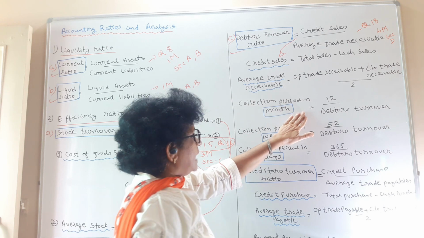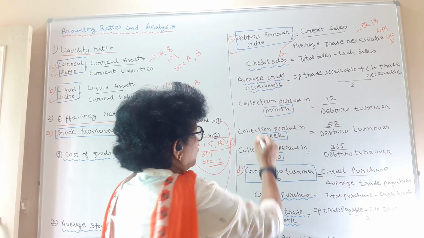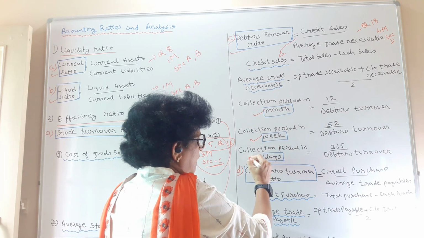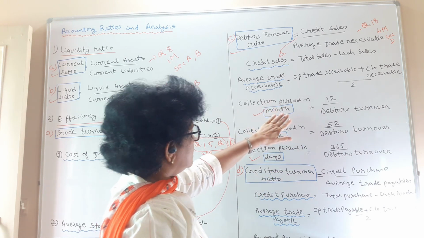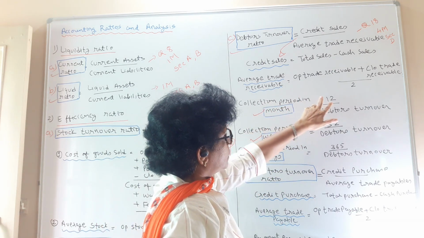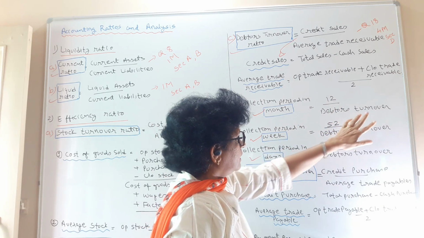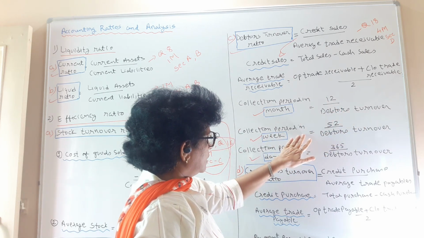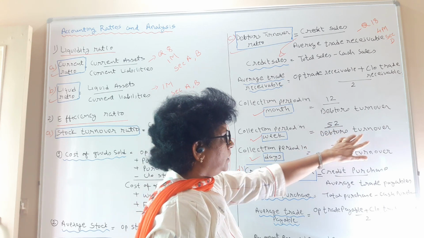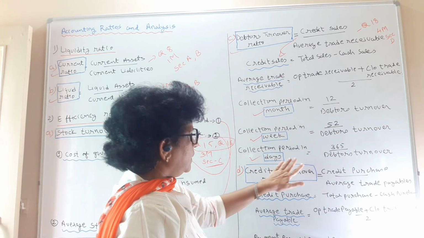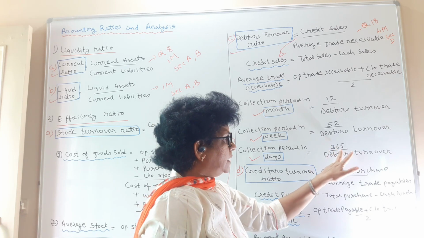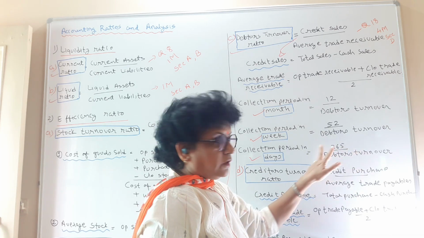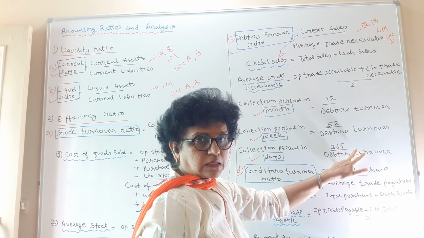Now this can be asked in terms of months, weeks, or days. If it is asked in terms of months, you have to do 12 upon the debtors turnover. If it is for the week period, 52 upon the debtors turnover. And if it is for days, according to the question, they may have mentioned 365 or it may be given 366.